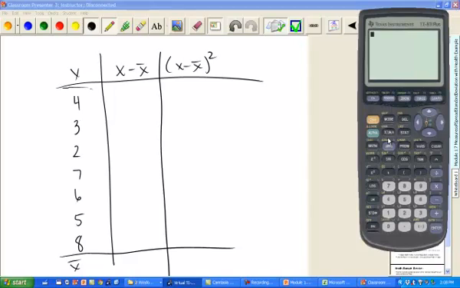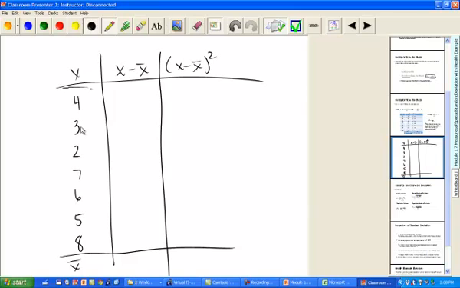So first of all, you know the ways of finding the mean value. We can use the calculator to find the mean, or we can add up the values and divide by how many there are, right? So let's use that method. So 4 plus 3 is 7, 9, 16, 22, 27, 35. So if I take 35 and divide by 1, 2, 3, 4, 5, 6, 7 values, that gives me a mean of 5.